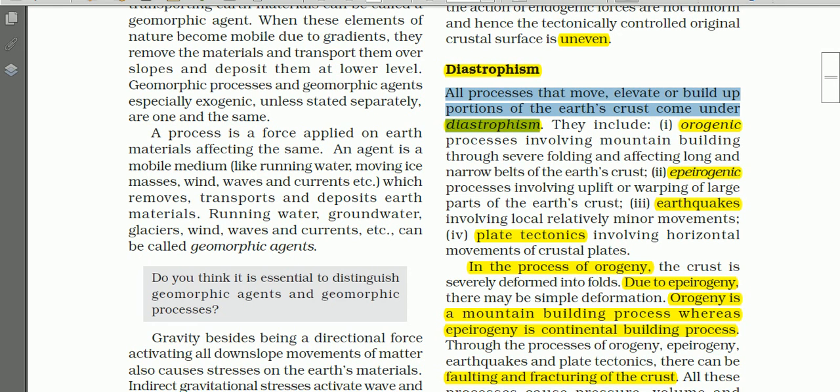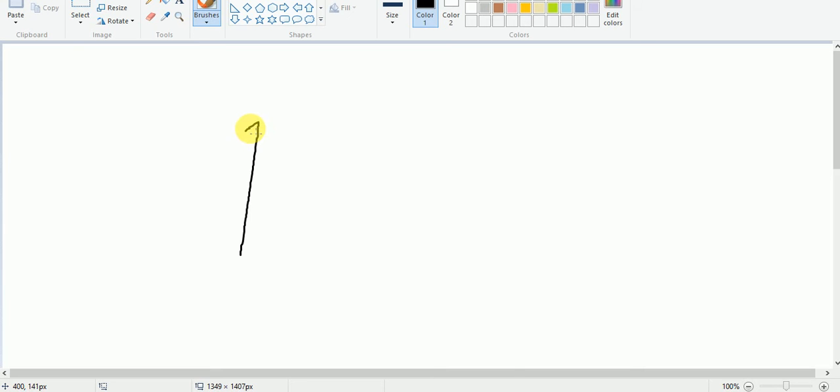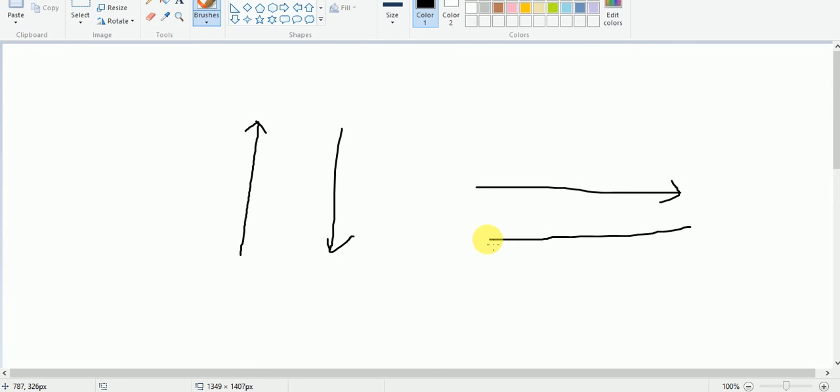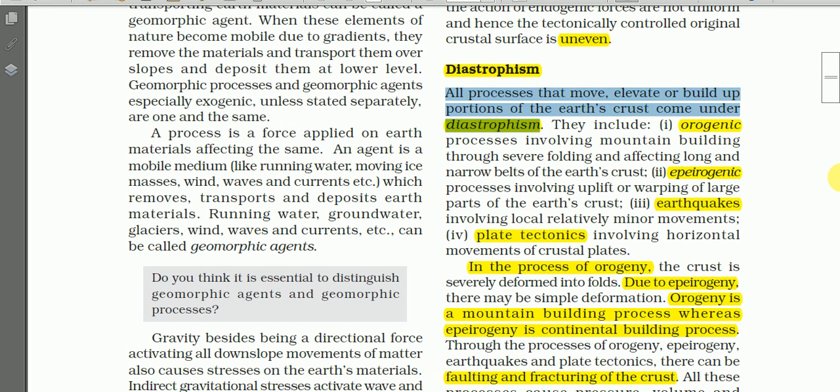Here the movement may be in any direction, as we discussed earlier. The movement may be upward, or downward, or maybe horizontal like this. All these types of movement on the crust of the earth come under the term diastrophism. And diastrophism includes, number one, orogenic processes.